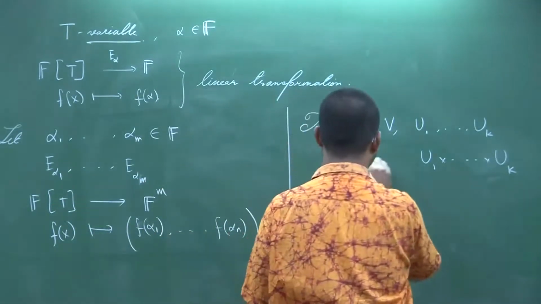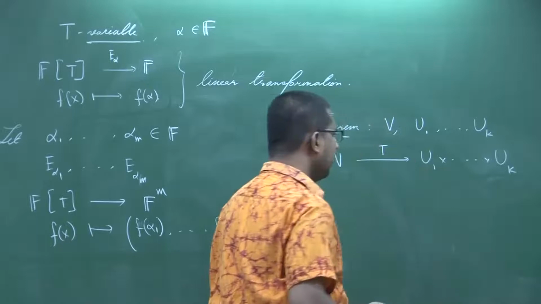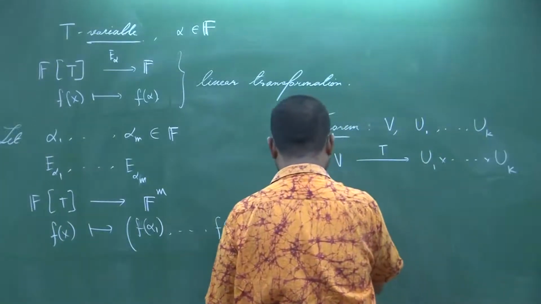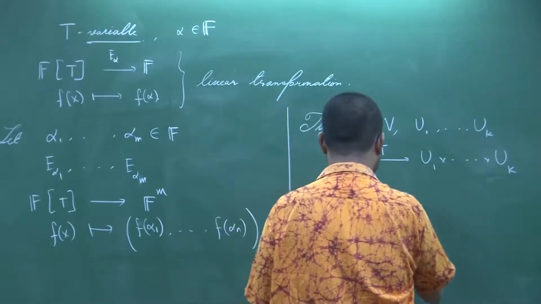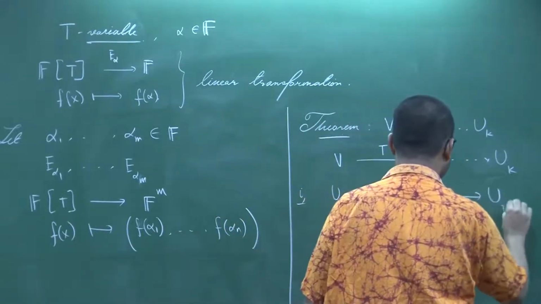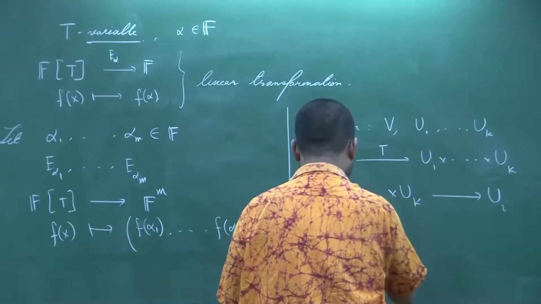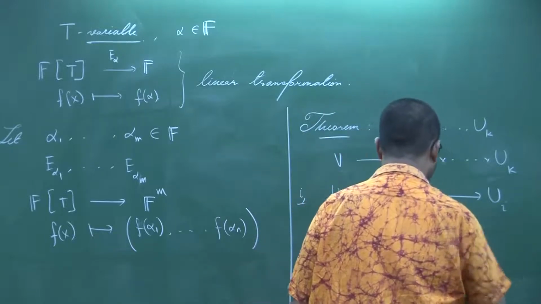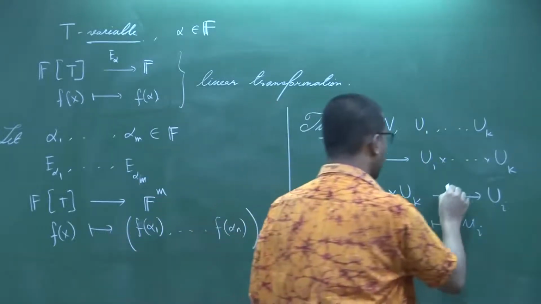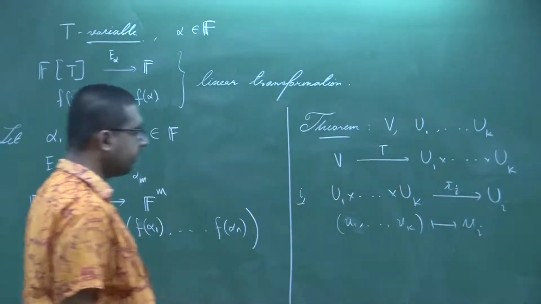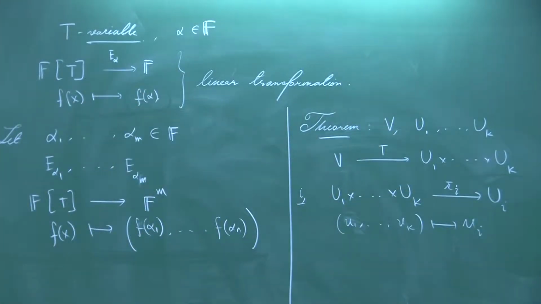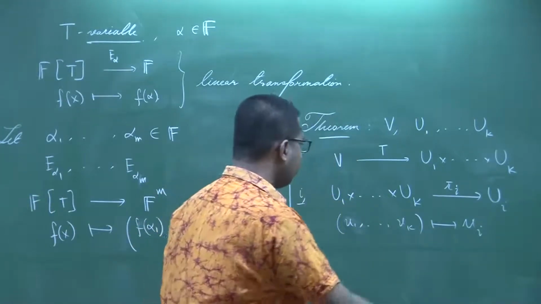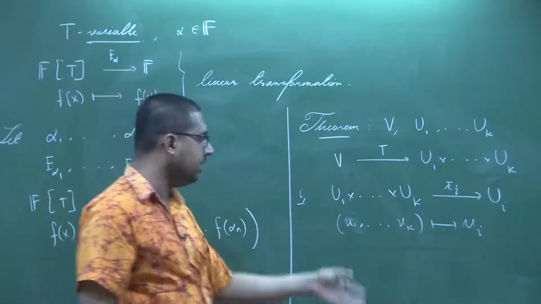Suppose we have a map here, and let us denote, for each i, the map from the product to Ui sending x in U1 up to Uk to its ith coordinate. Let us call it pi i. The first observation is that each pi i is linear, it is very easy to see.